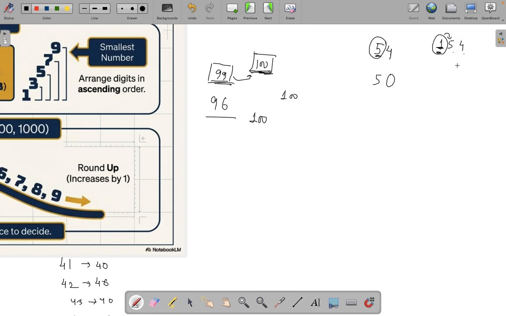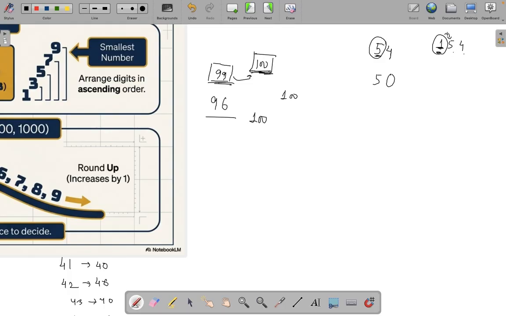It is 5, and 5 is not less than 5. It is greater than or equal to 5. If this number is either greater than 5 or equal to 5, then you increase this.